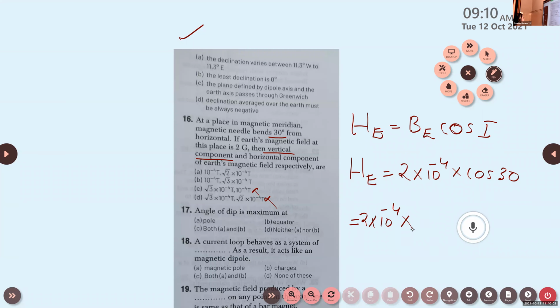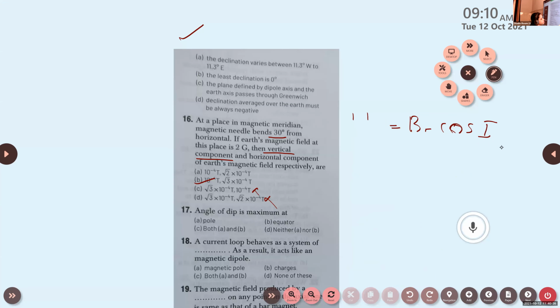The value of cos 30 is root 3 by 2. So the final answer is root 3 into 10 raised to minus 4 Tesla. So which option is right, option A or option B? It is option B, root 3 into 10 raised to minus 4 Tesla.